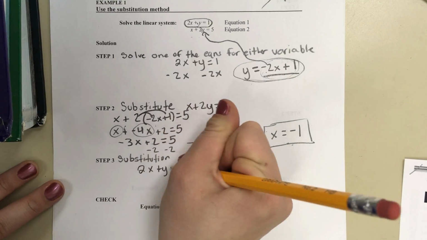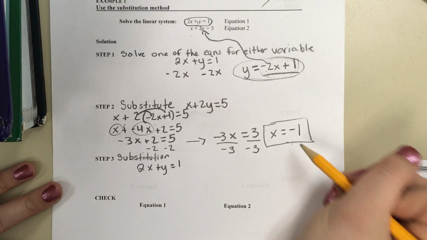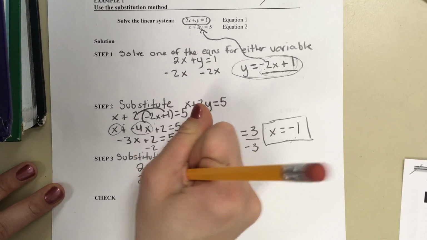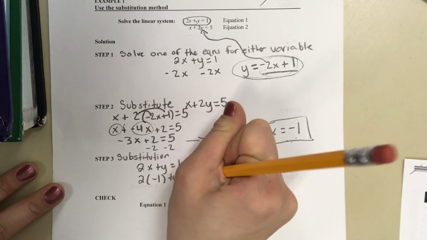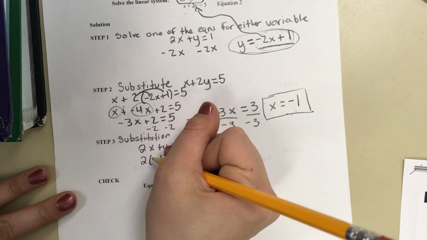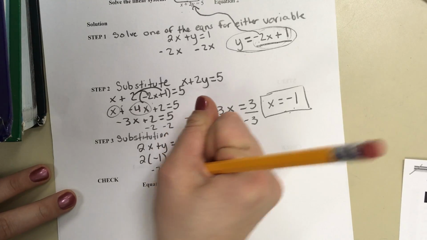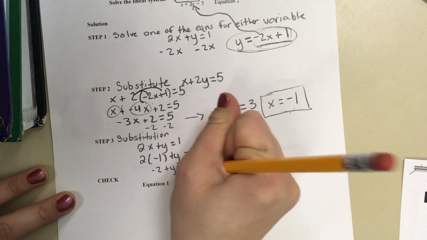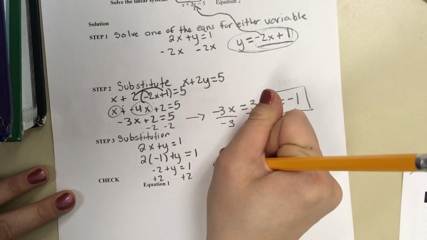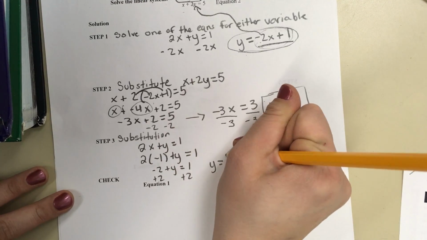2x plus y equals 1. So negative 1 goes in for x, and I solve from there. I get 2 times negative 1, which is negative 2, plus y equals 1. Then I add 2, and I get y equals 3.